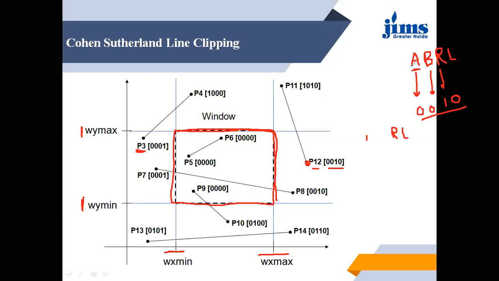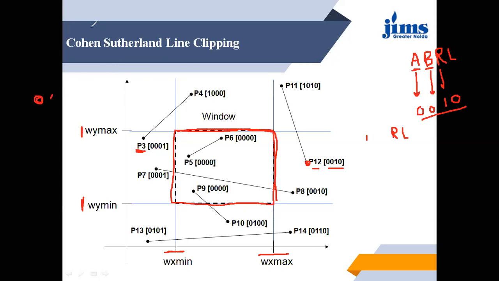So above coordinate, that is A, is equal to 0. The bit value of A is 0 in this case. When we compare this with window, then it is also not below. So below coordinate, that is value of B bit, will also be 0.